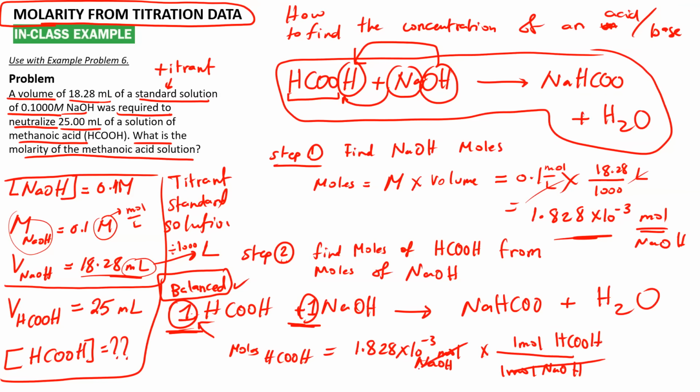NaOH mole goes with NaOH mole, and then you will get 1.828 times 10 to the power minus 3 mole of HCOOH.